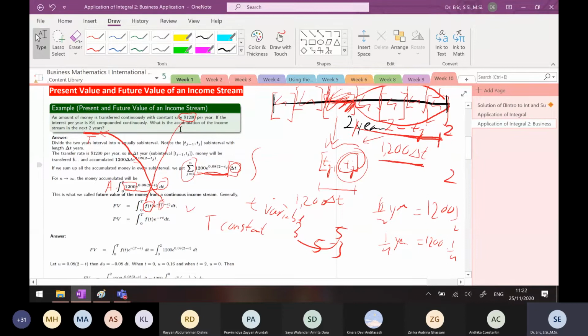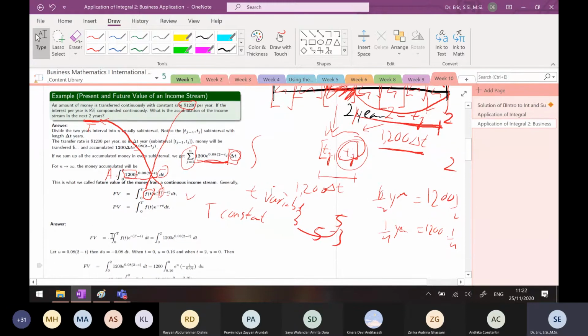But you have to distinguish what the question is asking, the present value or the future value. So here, you want to find the accumulation, so you have to find the future value, the accumulation after 2 years. The future value is given by the integral of the income stream f(t). This is just constant; in reality, it's not constant, it's a function of time.